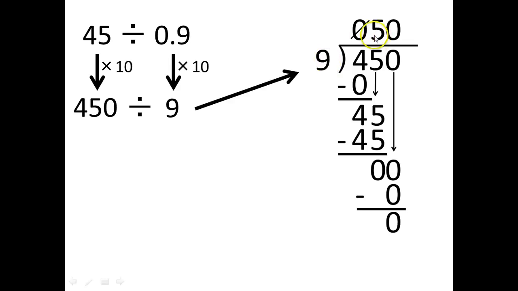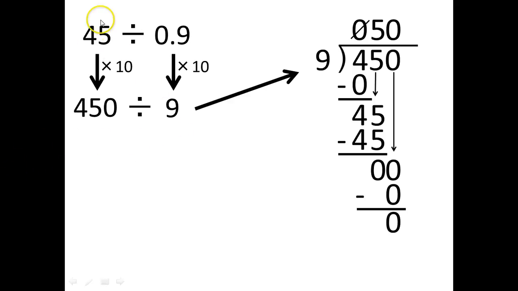Now, remember, our original number sentence was not 450 divided by 9. It was 45 divided by 0.9. However, because we followed the division rule when we changed the number sentence into something easier for us to work with, the quotient is not going to be any different.